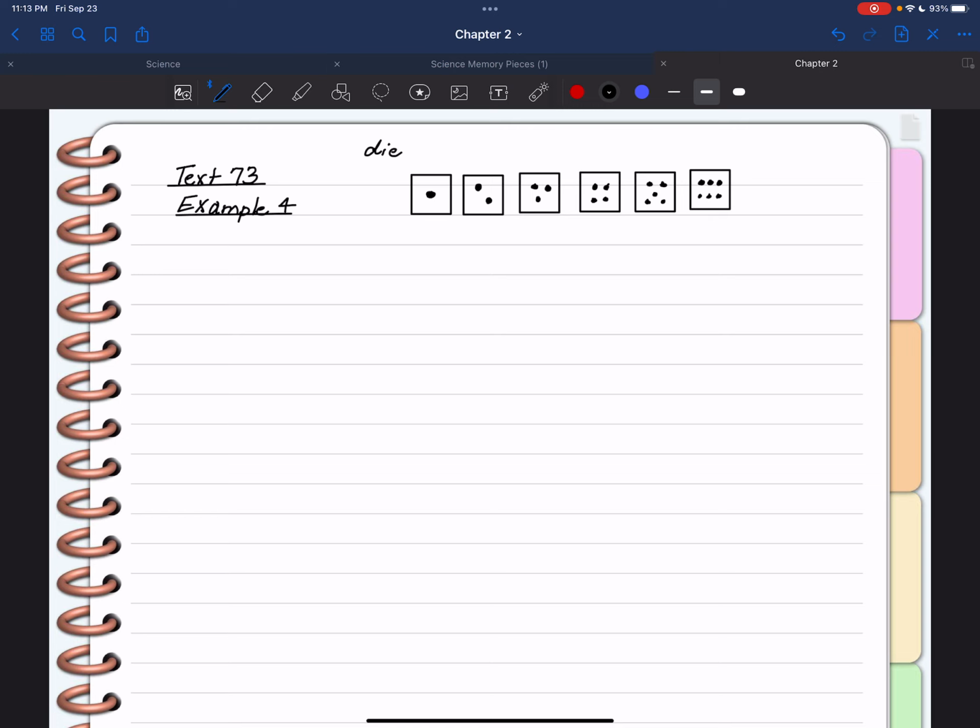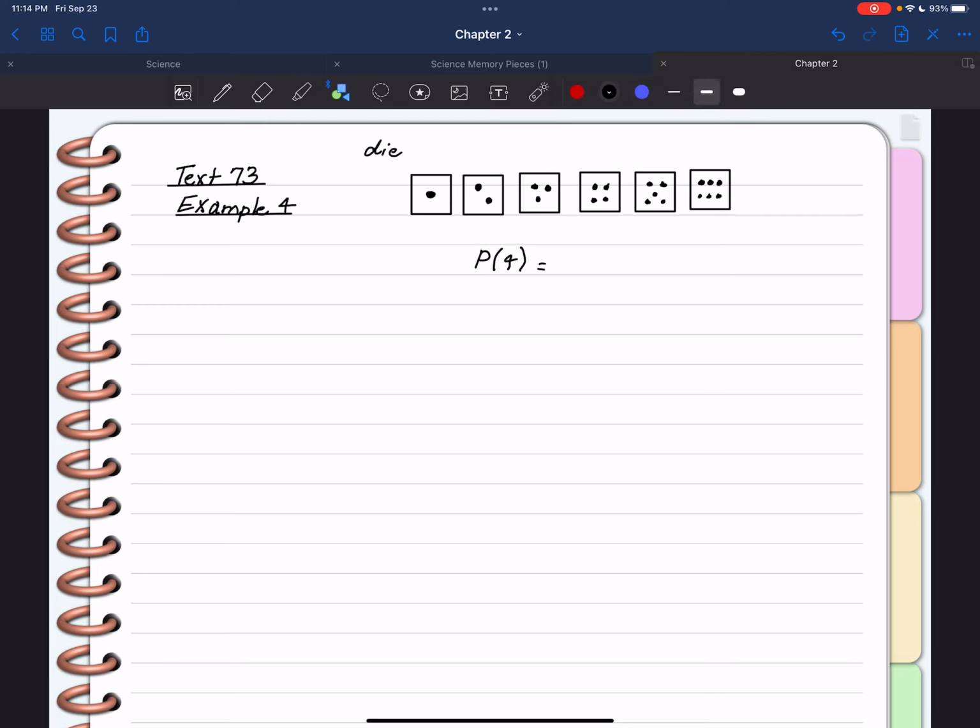Okay, so we want to know the probability of rolling a 4.